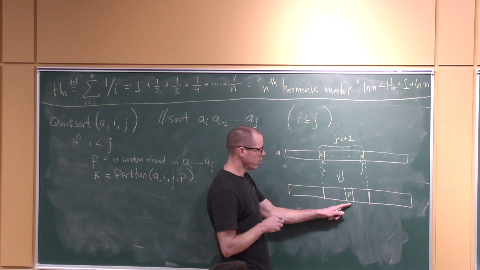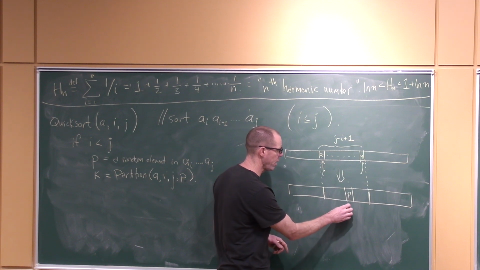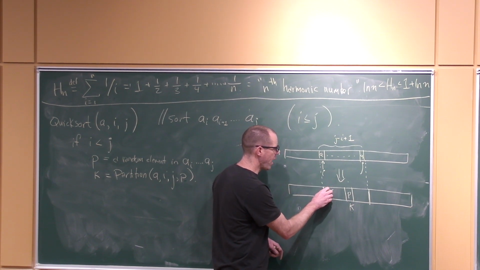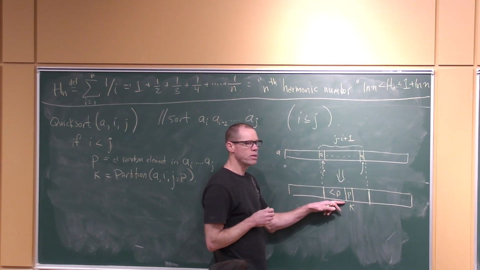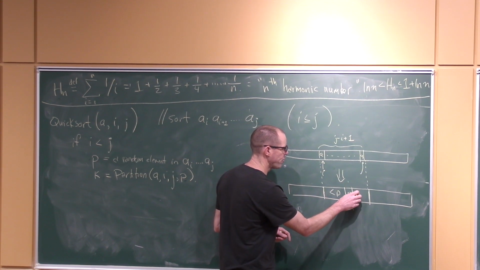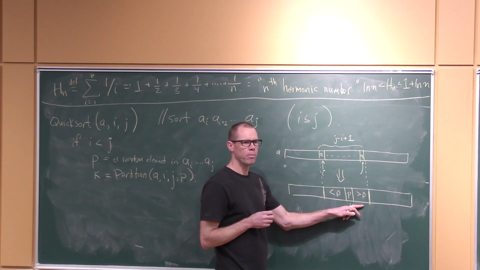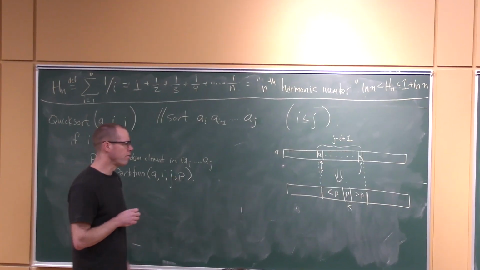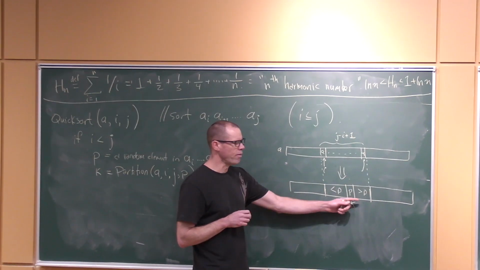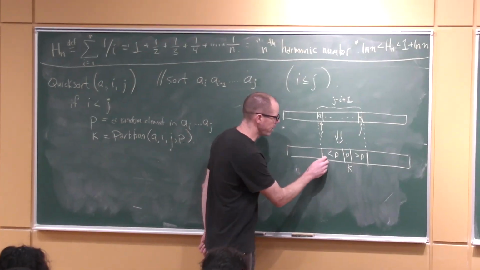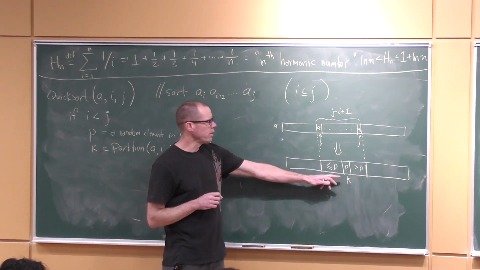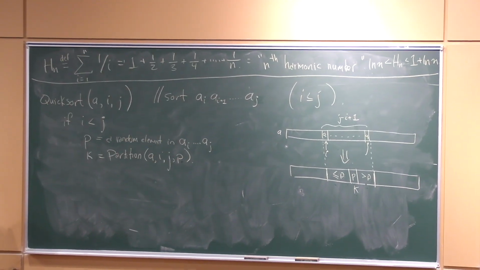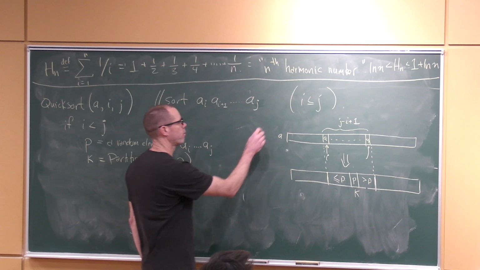You get p somewhere in this thing, actually at position k, and it's going to return that value k. And before that is only stuff that is smaller than p, and after that is only stuff that is bigger than p. And that's assuming that all of the values are distinct so that you don't have any equal values. If you don't like that, then everything less than or equal to p goes before p. Okay. So that's what partition does.